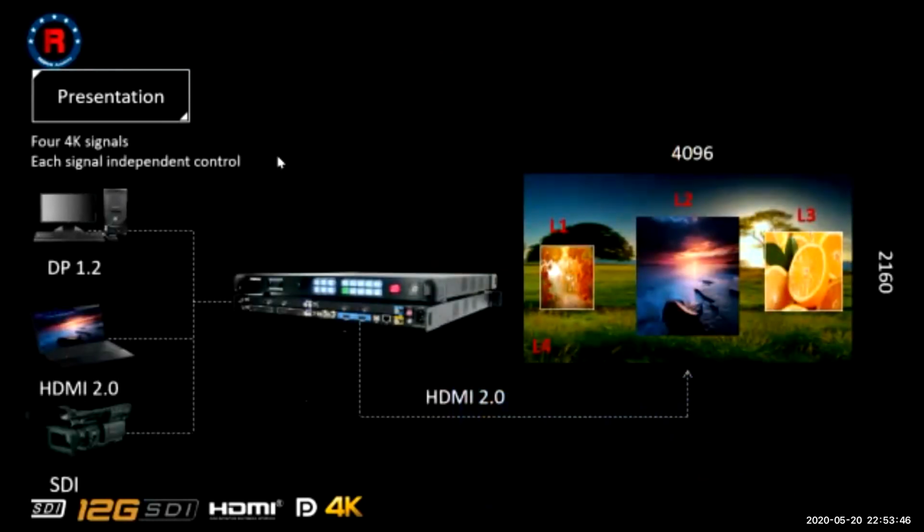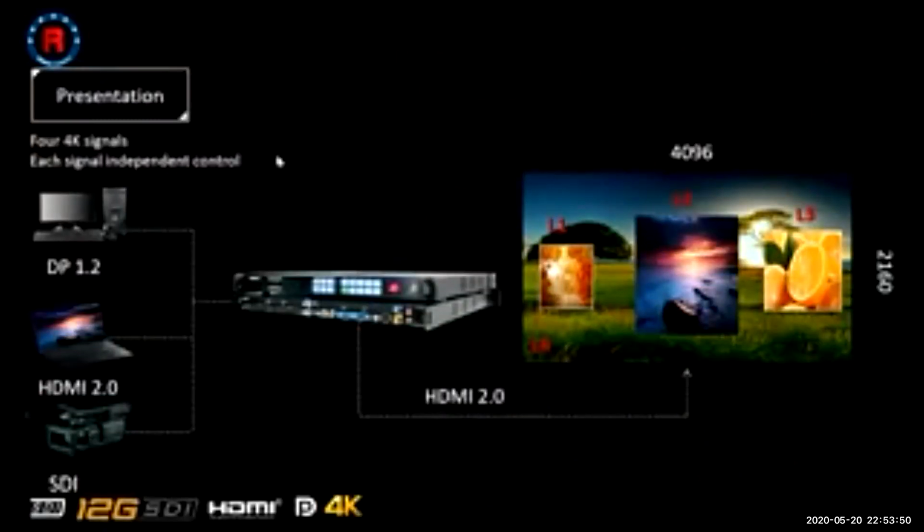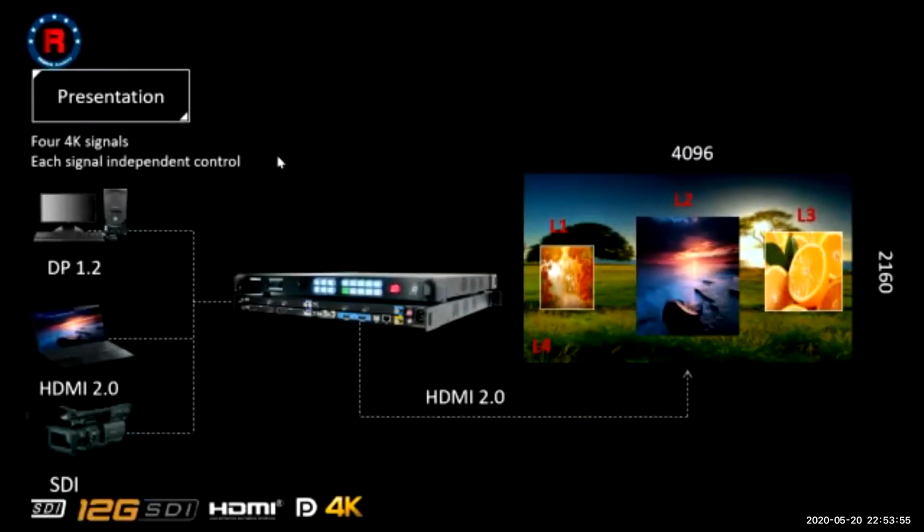As I introduced before, the D4 has 2 HDMI 2.0 outputs. If you use one port under presentation mode, it can output 4 4K layers on the display. And for each layer, for example layer 1, layer 2, layer 3, layer 4, the size can be changed to the size that you want, and their position can also be changed.